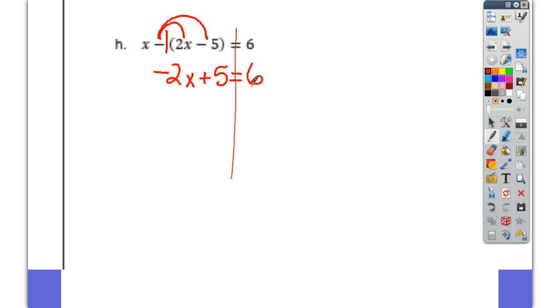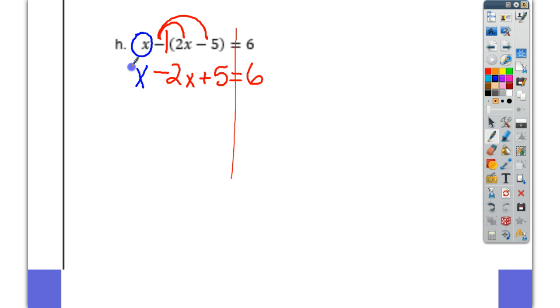Now we've done gobs of these. I'm done, right? No? Where's my mistake? Find my mistake. What have I forgotten to do? Some will be shaking their head yes or no if you're right. What I forgot to do is you can't leave this guy behind. Bring down your x. So it's x minus 2x plus 5 equals 6.